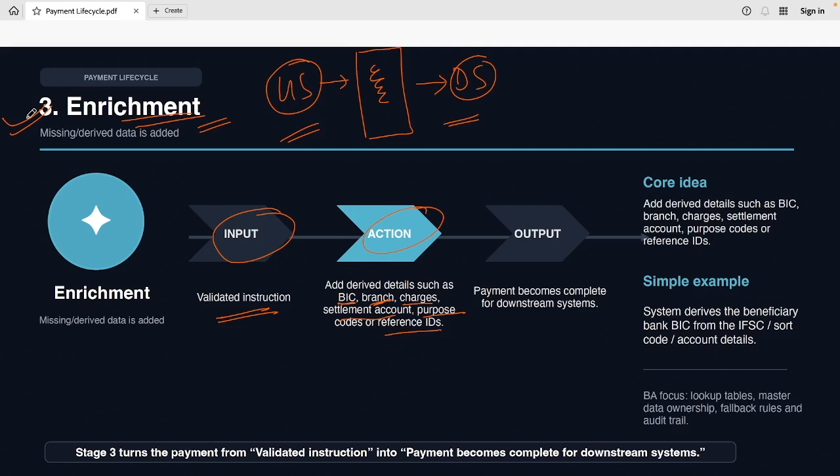Okay, before we move on, you must understand the difference between validation and enrichment. Validation basically asks, is the information provided correct and acceptable? Whereas enrichment asks, what additional information must the system add so that the payment can continue?